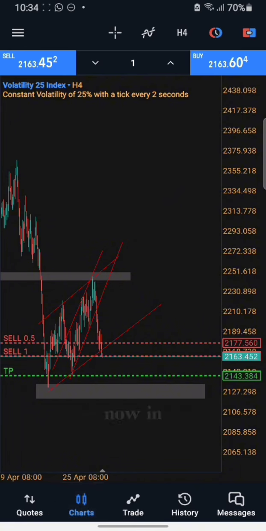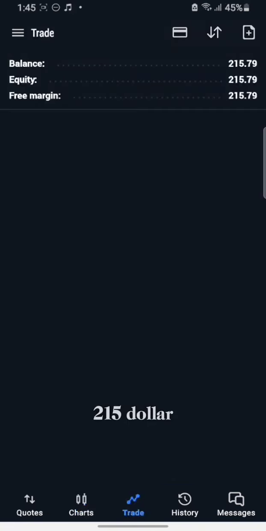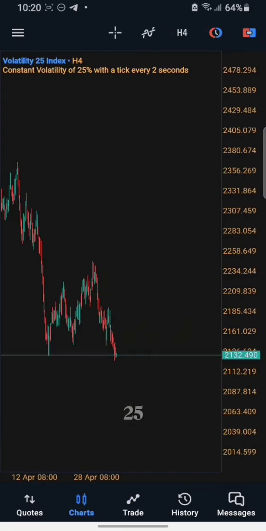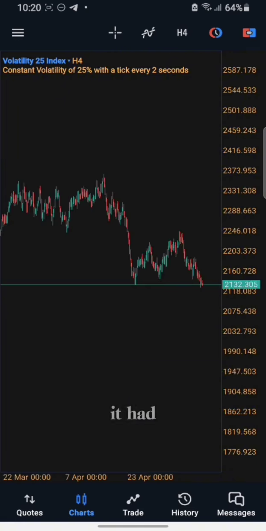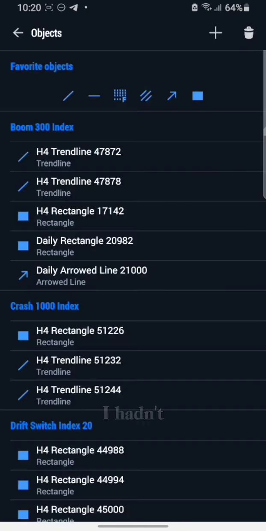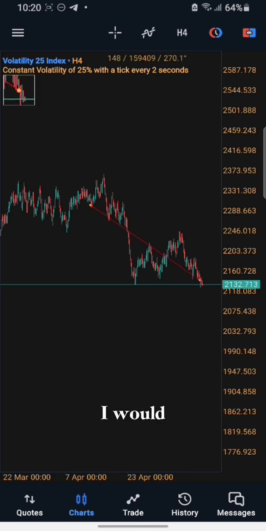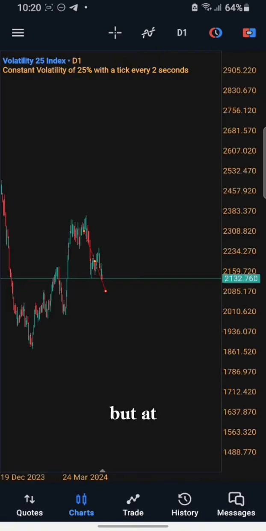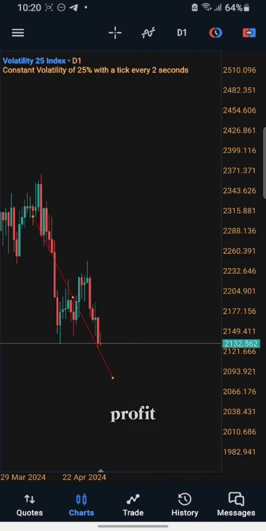Now I've closed at $215 profit, and then I'm going to look for other trades. After some time, I came back to that same V25, and it had reached the second TP. If I hadn't closed the market, I would have collected a lot of profit, but I closed, which is not that good, but at least I was in profit.